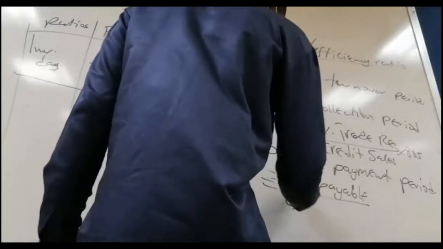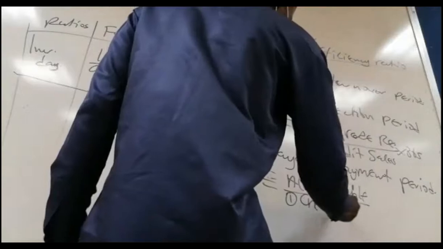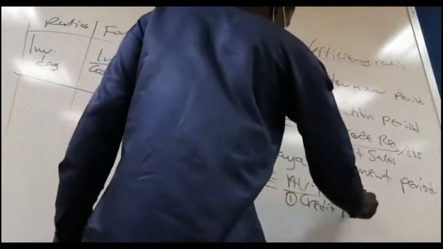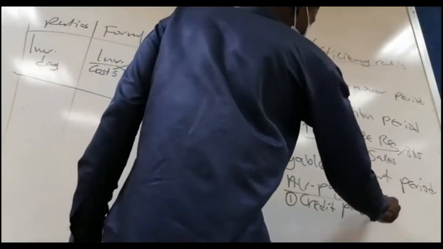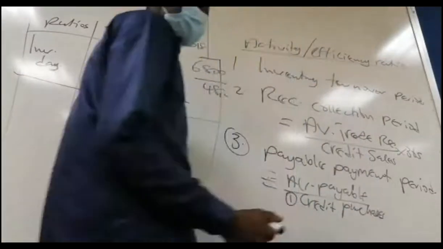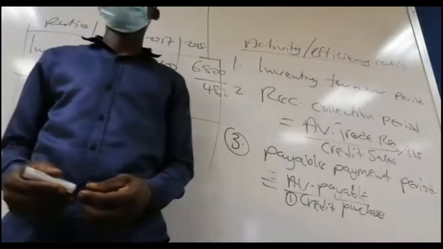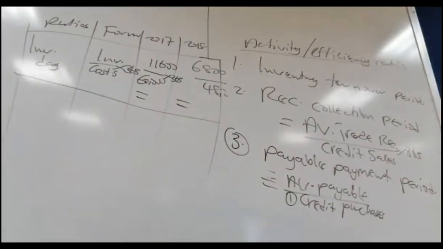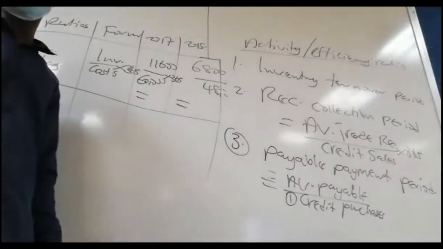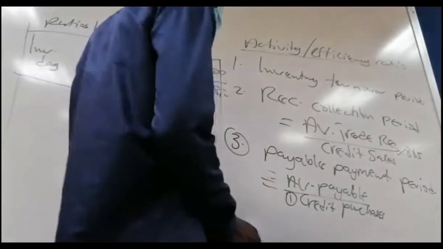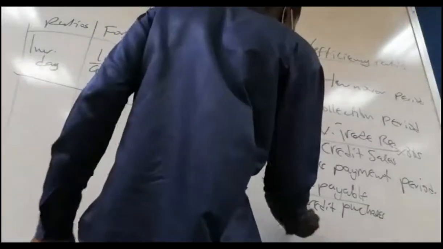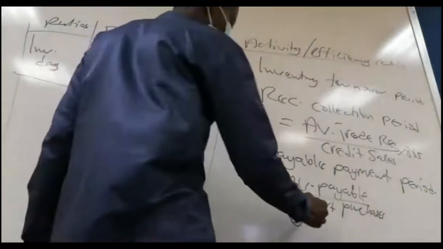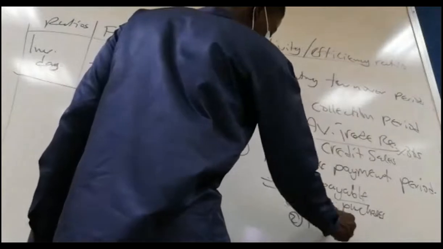We want credit purchases because it is the credit purchase that results in payable, not total purchases. So first we want credit purchases. But most of the financial statements prepared won't give you enough information. So sometimes you cannot find the credit purchases in the financial statements. If there's no credit purchases, then two, try and see if you can find the total purchases.